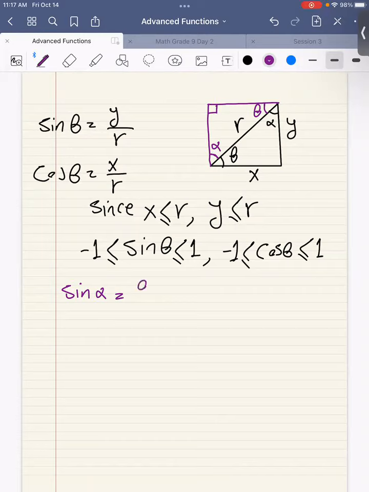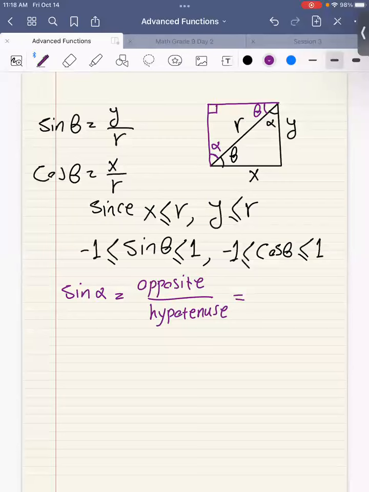So it's equal to x over r, but this is equal to cosine of theta.